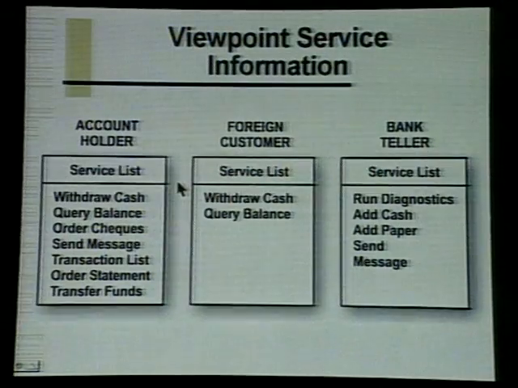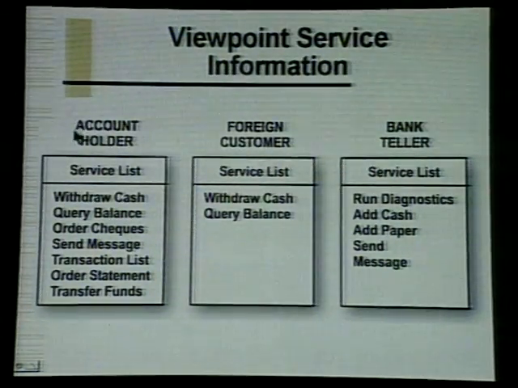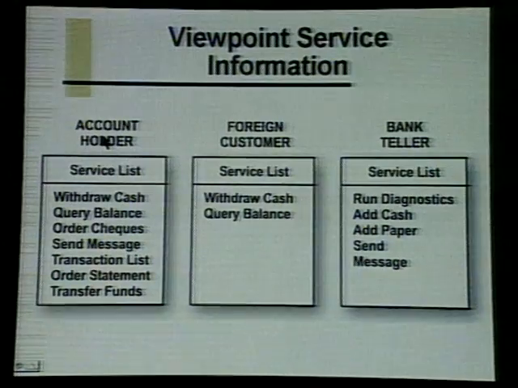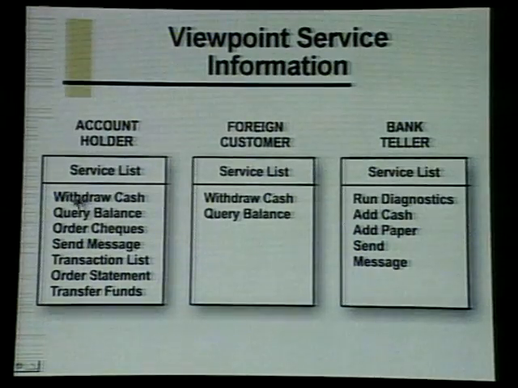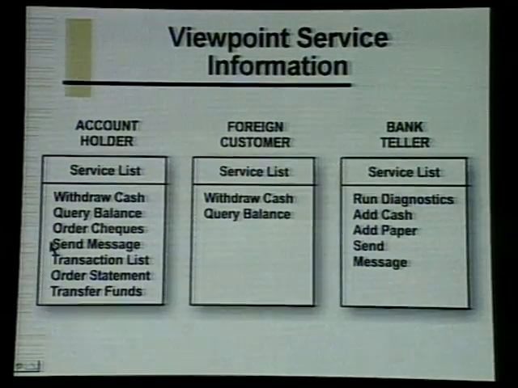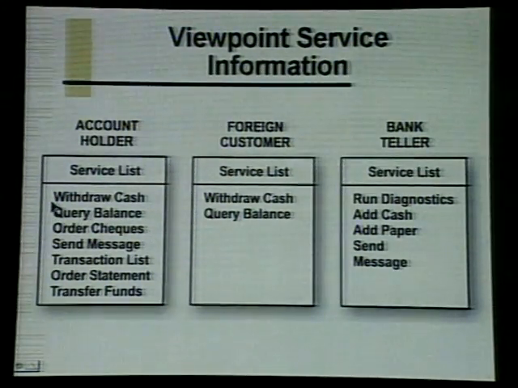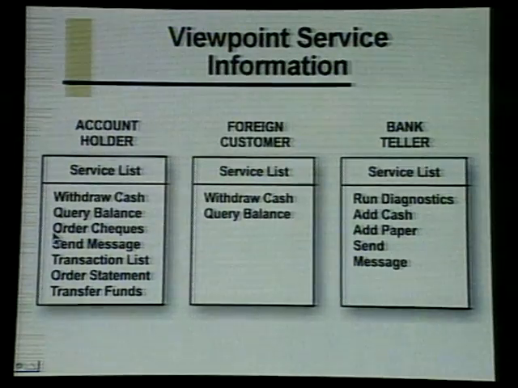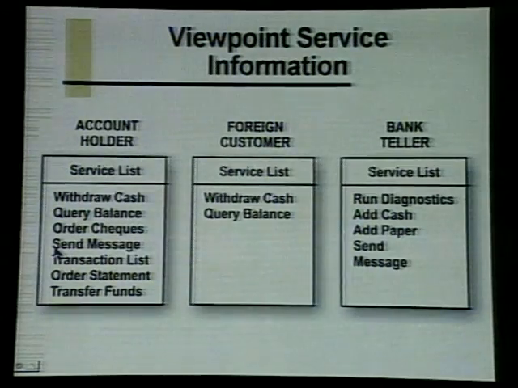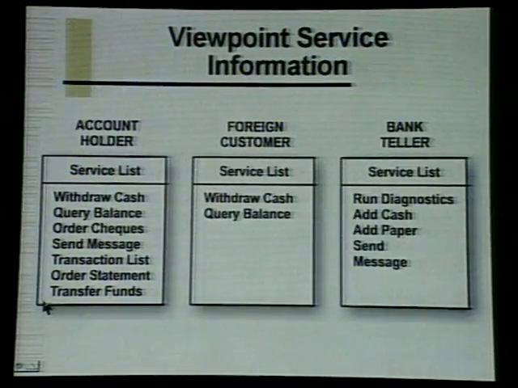One example is the account holder. Account holder is, of course, one of the viewpoints. He is one of the stakeholders. What services does he need? Of course, we look at our brainstorming session, and from there we can make a list of the services which he really needs. For example, an account holder of a bank can withdraw cash, he can query the balance, he might be able to order checkbooks, he can send a message, and other services.